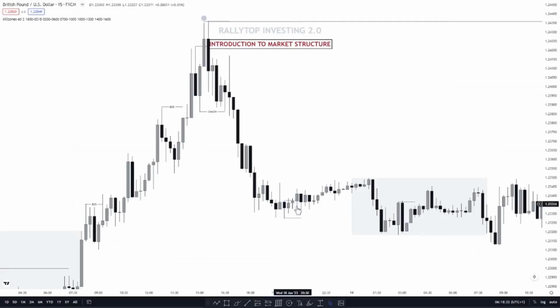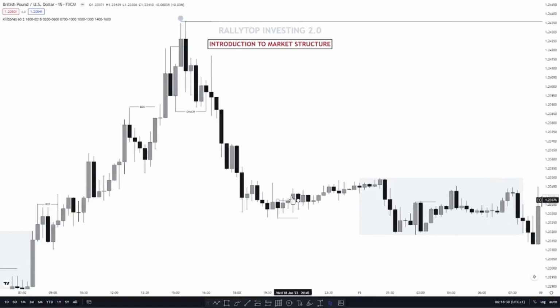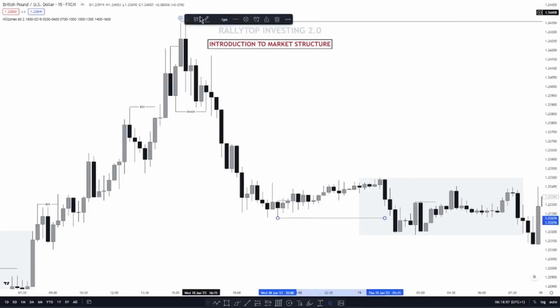The low is protected. The high has been violated by this next candle. Can you see that? It has been violated. I want you to understand that. So this is a valid pullback. All right? And therefore, we now have this as our break of structure.